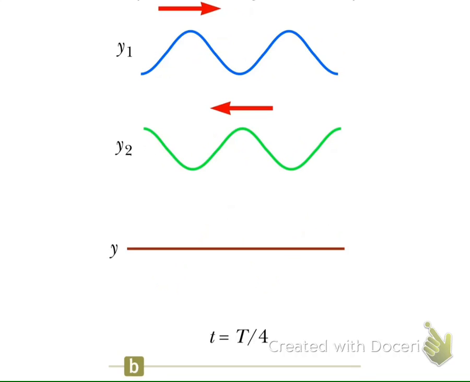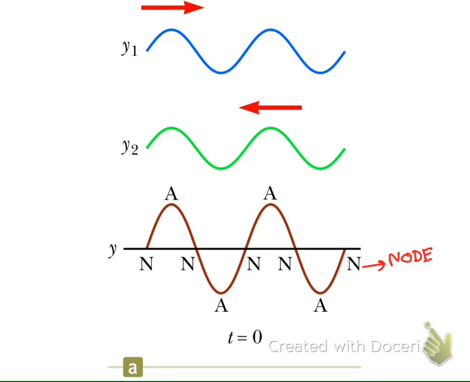On the contrary, you can see that some positions that we denote by the letter A, which stands for the antinode, which means that at some position like here and this point A, this point and this point, the oscillation will have the maximum amplitude.